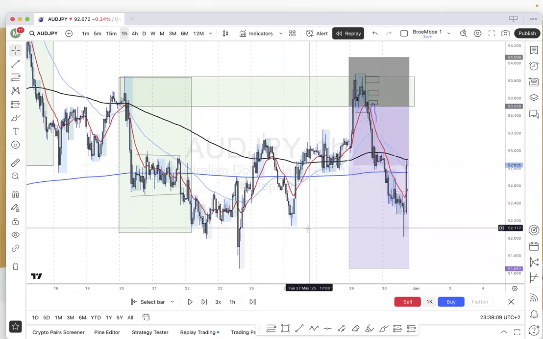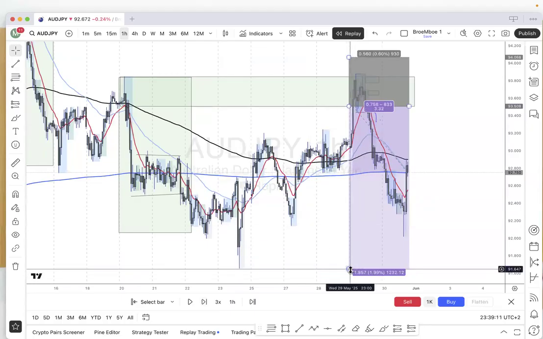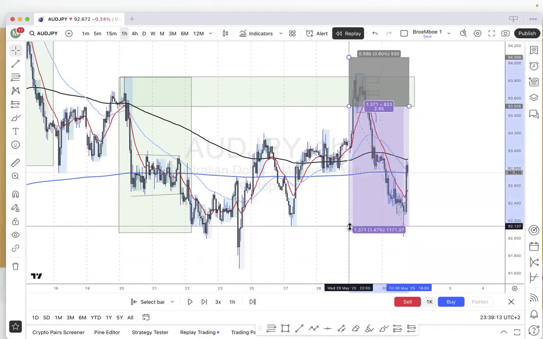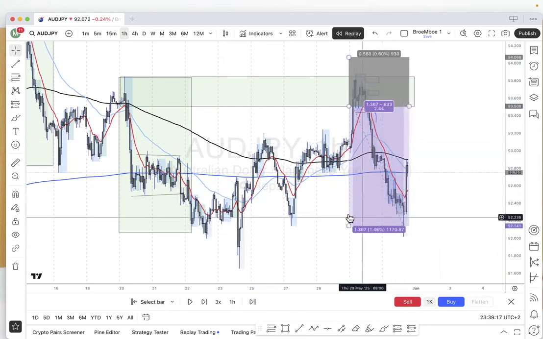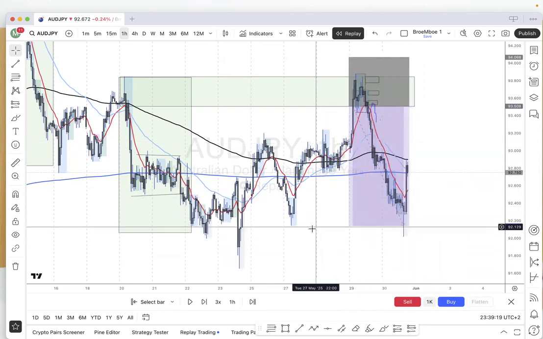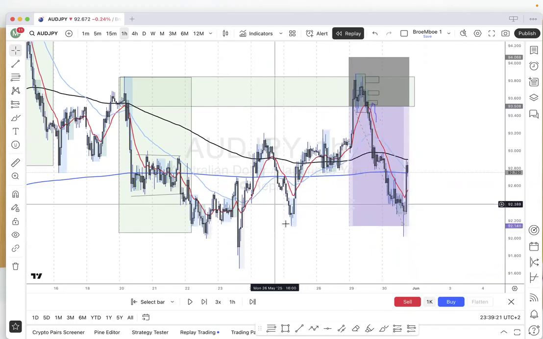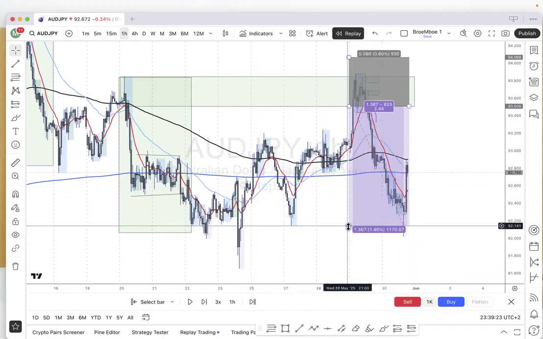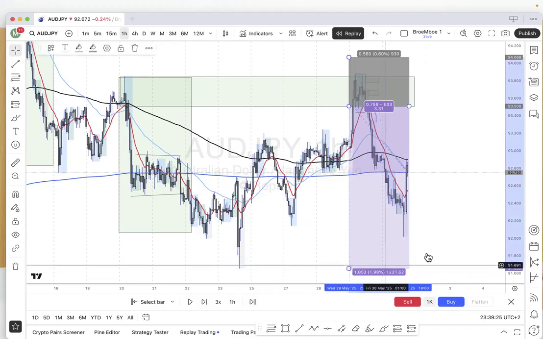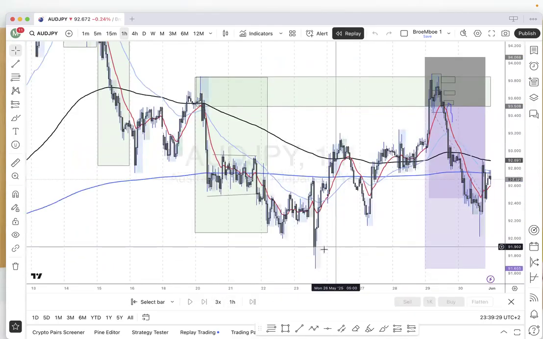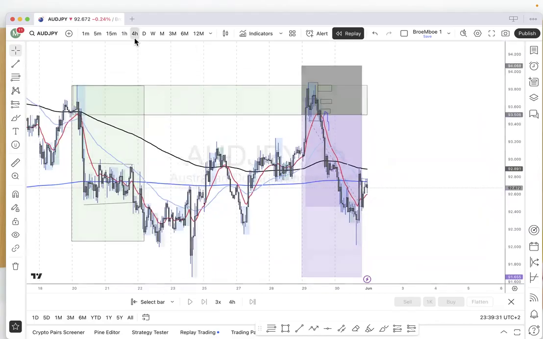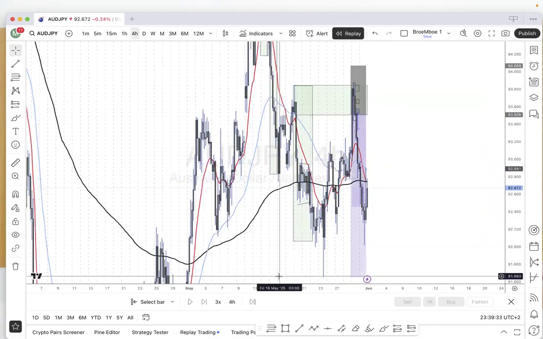If your target was here, sorry, I didn't see that we had a low here. If your target was here, then you could have had your pay hit your TP. I didn't see this low. But if your target was there, obviously you would have to wait until next week, I think. But you can see how that unfolded, guys.